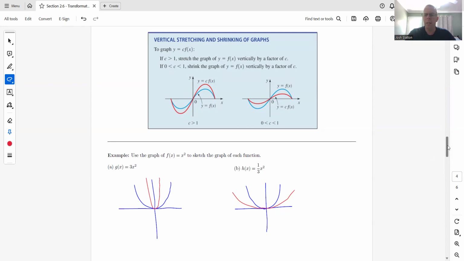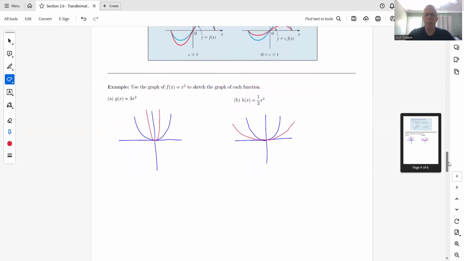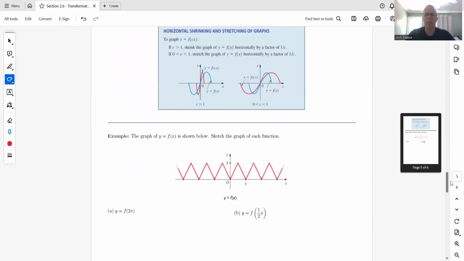All right, and then next one, we are talking about horizontal. So to graph y equals f of cx, if c is greater than 1, we shrink the graph horizontally by a factor of the reciprocal. If c is between 0 and 1, we stretch it horizontally by a factor of the reciprocal.